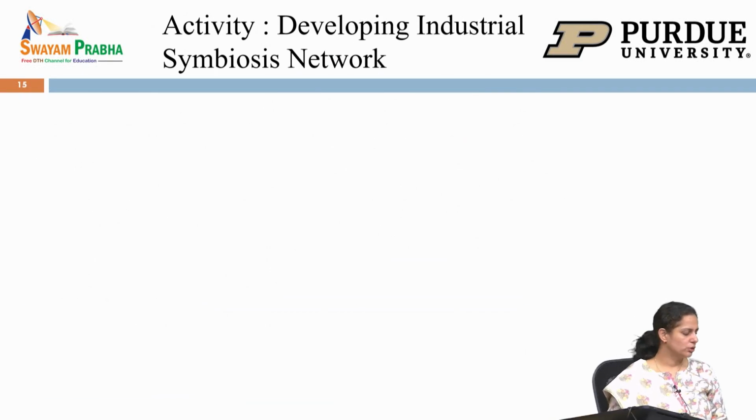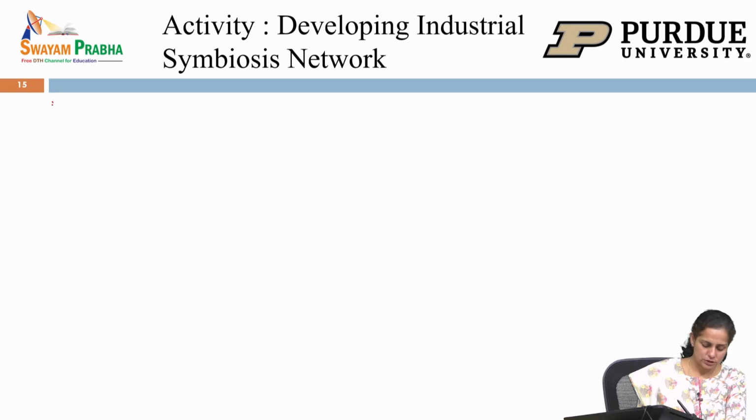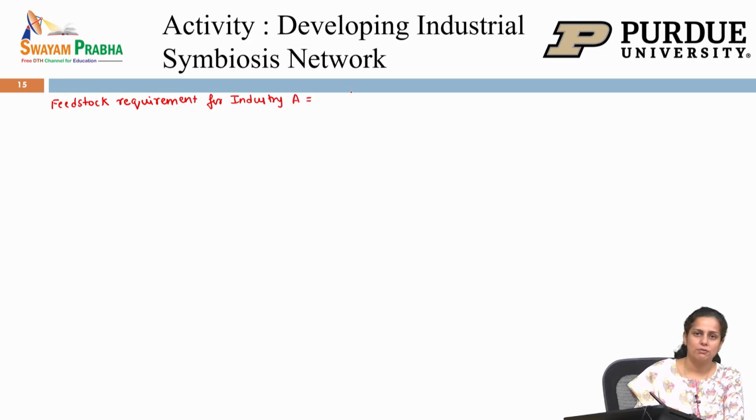So, let us look into the solution. Here the feedstock requirement: it requires 20 kg of feedstock per kg product, multiplied by the 10 kg it is making.